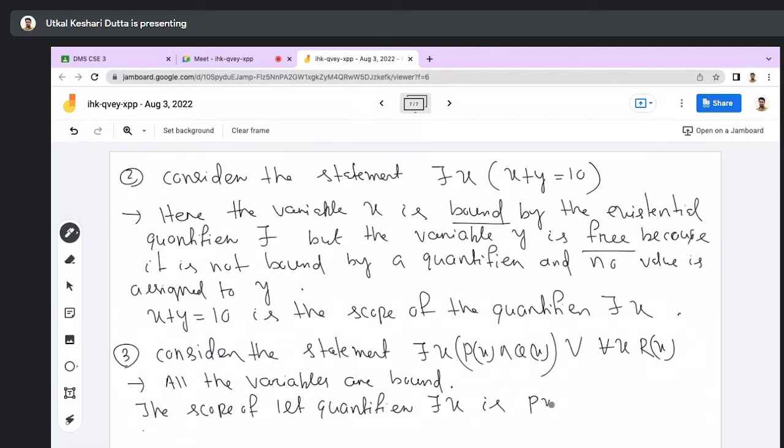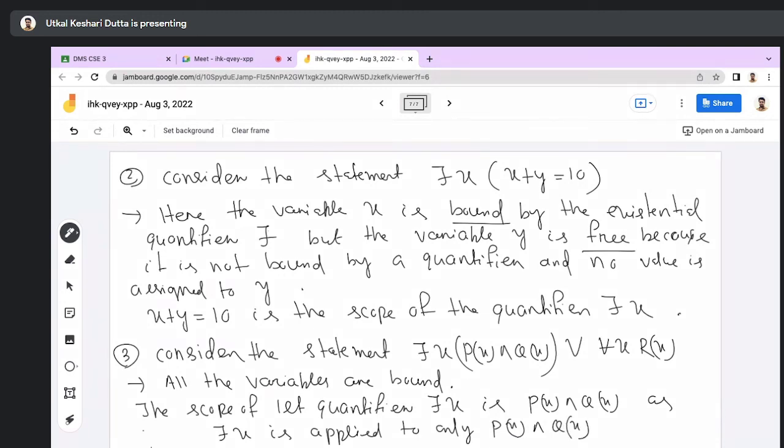P of x and q of x. Yes, there exists x is applied to only p of x and q of x, not r of x.